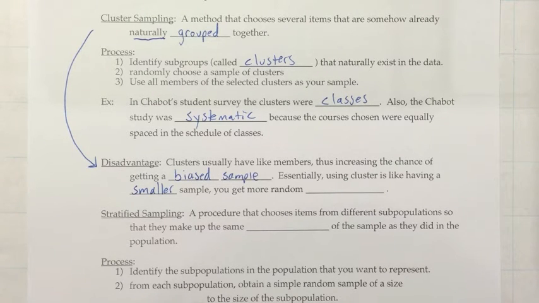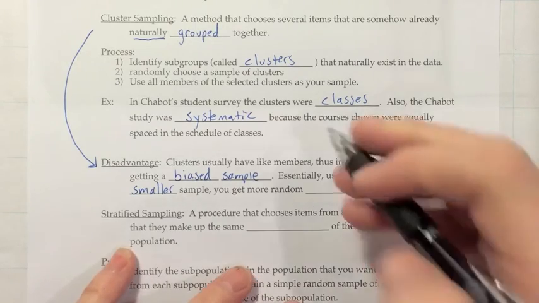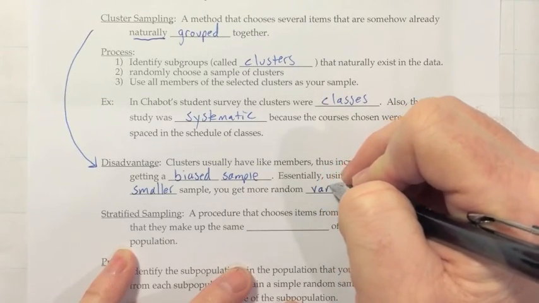And the more random choices that you make, the less random variation ends up in your results and the more representative your sample gets. So here we may still get to those 600 students, but we might do it choosing only 12 classes. And that smaller amount of random choices creates more random variation in our data.